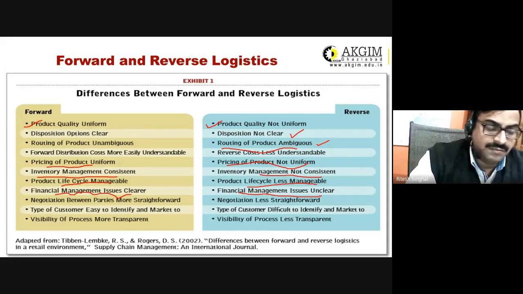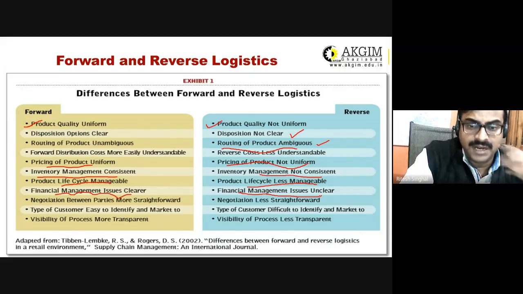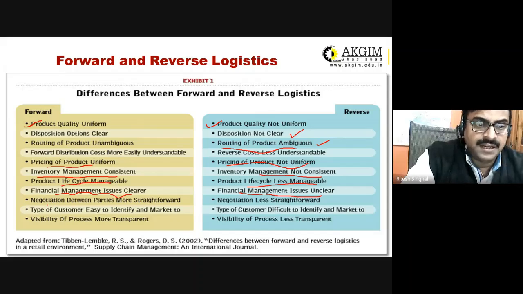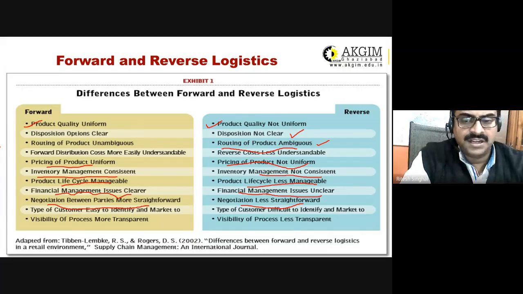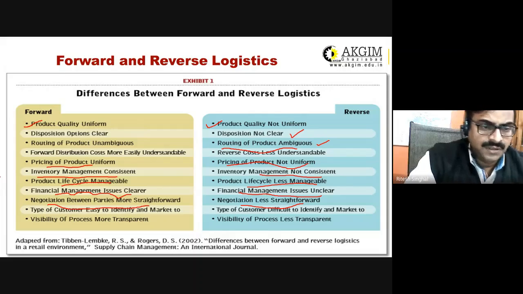What to return, when you get a refund, in which account you will get it, in what manner you will get it. Negotiation between parties is more straightforward in forward logistics, but less straightforward in reverse, because sometimes you may get a faulty product. Some companies are not taking care of this, but obviously there are companies who are.